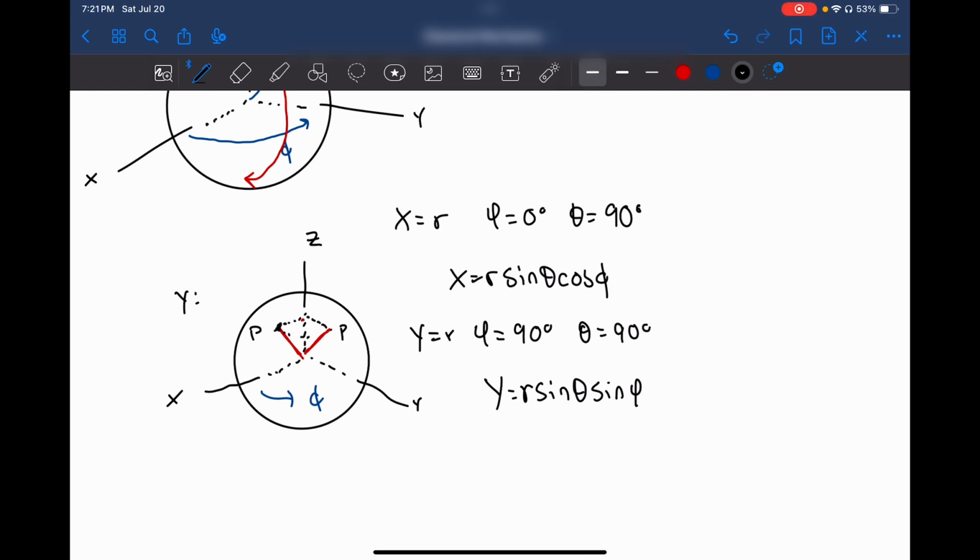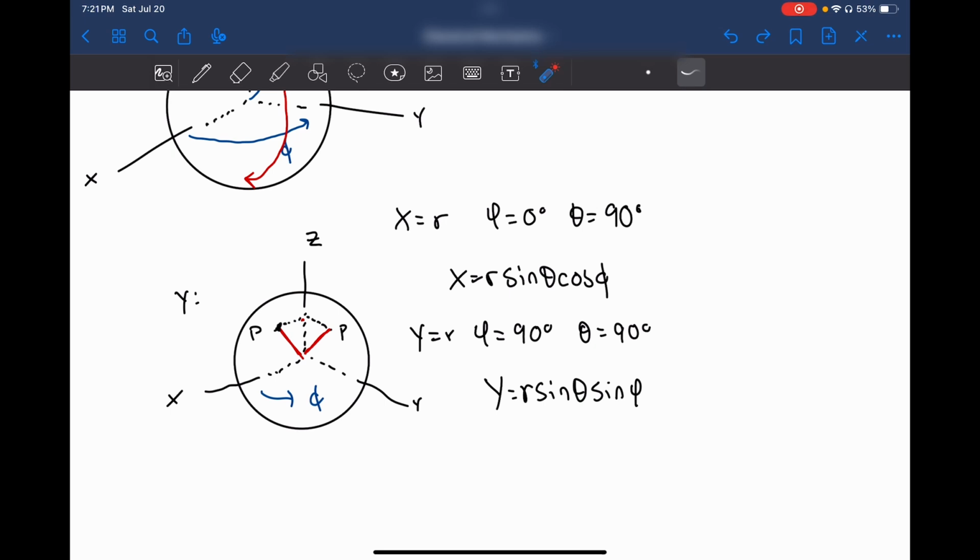If I were to take this r and force it to go anywhere around in a circle, the z component of that vector is going to be the same. So it does not actually depend on what phi is.